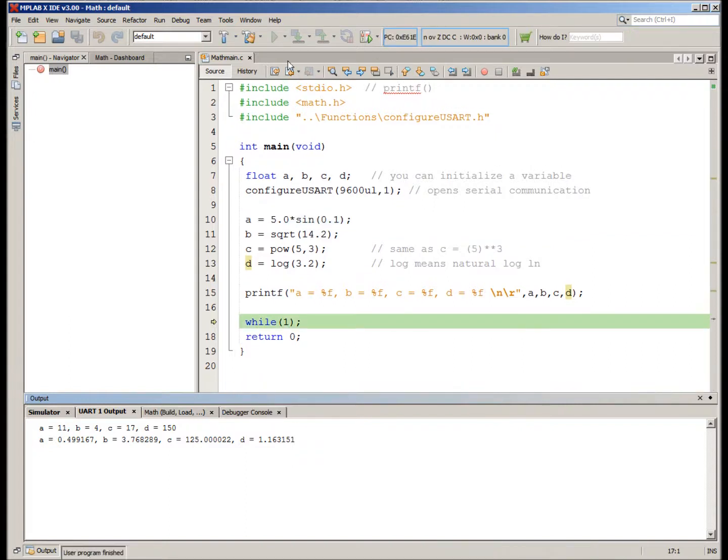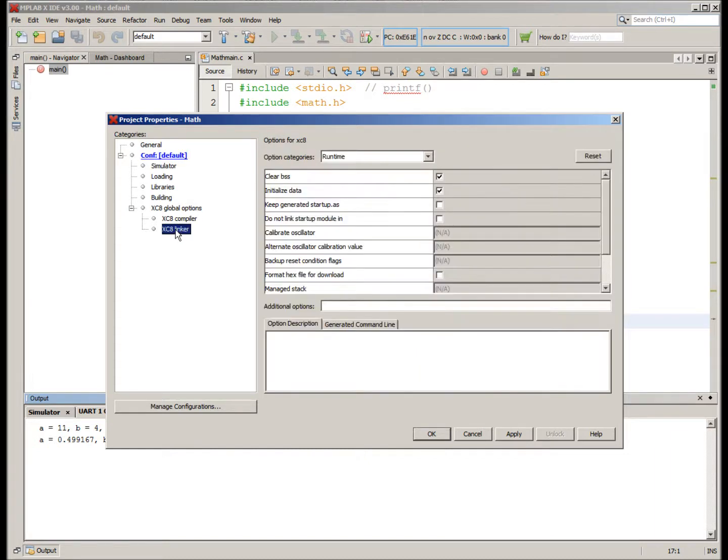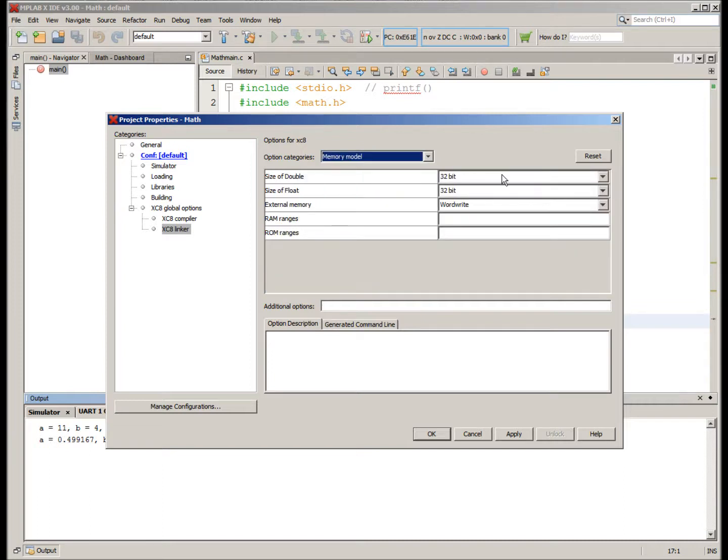Now, we can go to the project configuration window, and we can come up to the linker and the memory model, and these are 32-bit. I'm going to change them back to 24-bit just so that we can see what happens to the results.